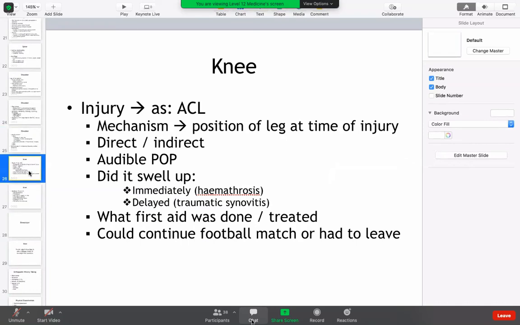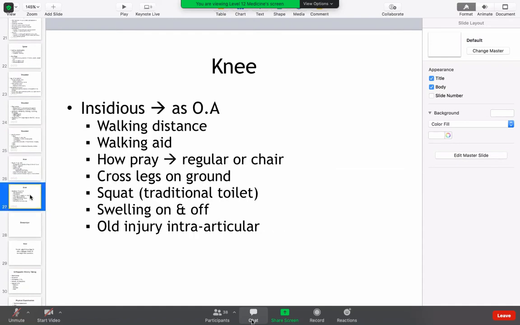Knee: it's very common to have ACL injury, so I ask about the mechanism of injury, direct or indirect contact, audible pop, and whether it swelled immediately or after a few hours. What was done to manage this initially? Could the patient continue the match or walk on it immediately? These are very important questions for any injuries.